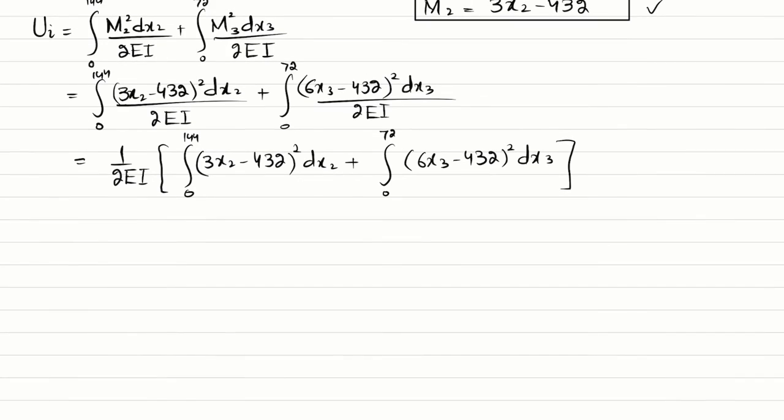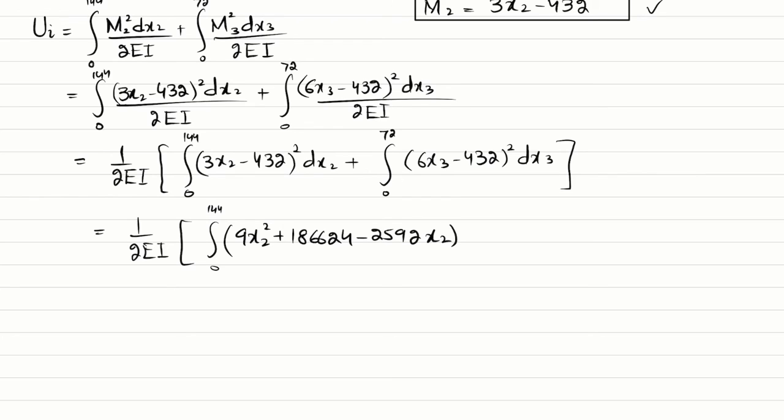Now we will apply the square formula, so you will get integral of 0 to 144, 3x2 whole square will be equal to 9x2 square, plus 432 square will give you 186624, minus 2 times 3x2 into 432 will give you minus 2592 x2, and that will be dx2.